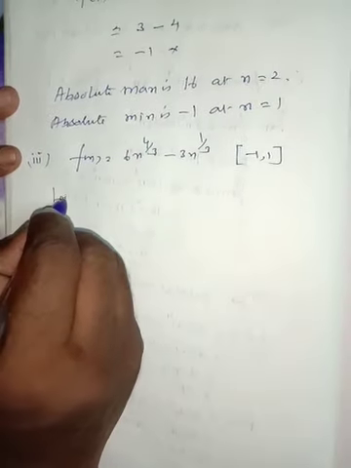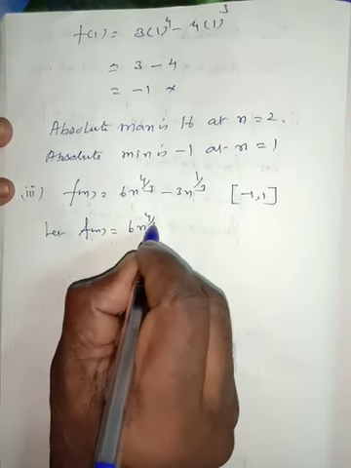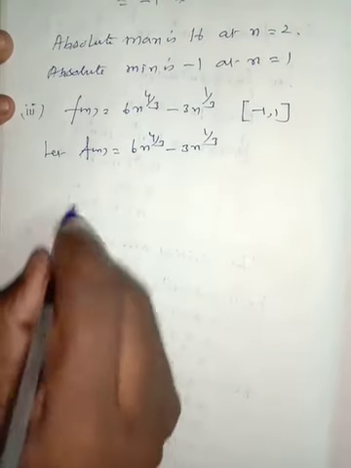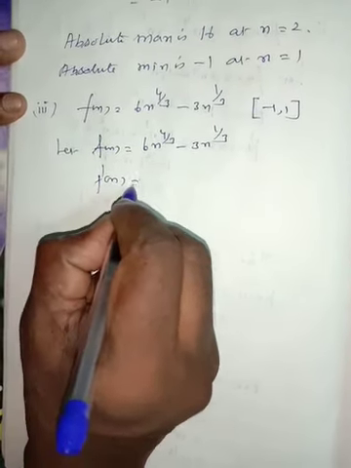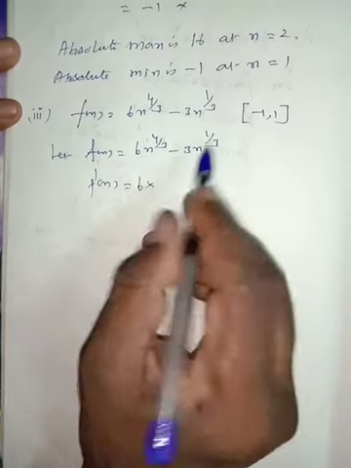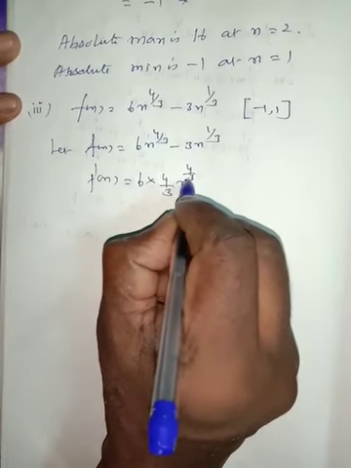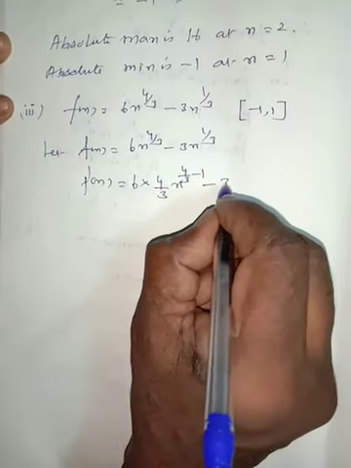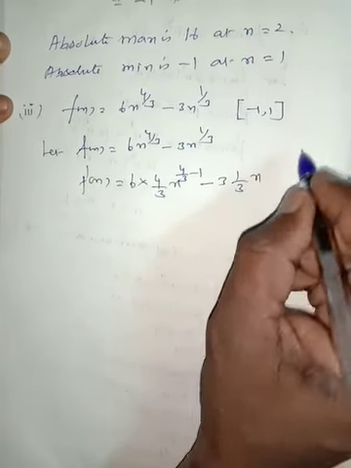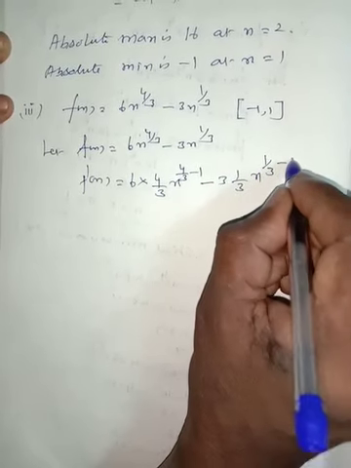Now let f of x equal to 6 x power 4 by 3 minus 3 x power 1 by 3. f dash of x is equal to 6 into, using the formula x to the power of n, n x power n minus 1, 4 by 3 x power 4 by 3 minus 1, minus 3 into 1 by 3 x power 1 by 3 minus 1.